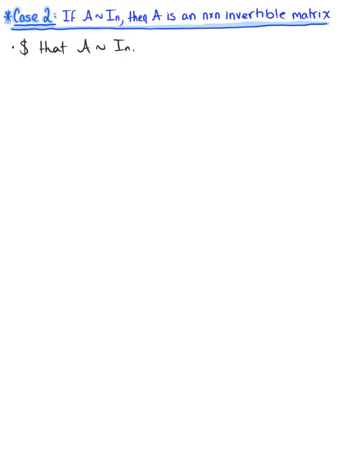If matrix A is row equivalent to the n by n identity matrix, well then, this implies that there exists a sequence of row operations that reduces matrix A to the n by n identity matrix.